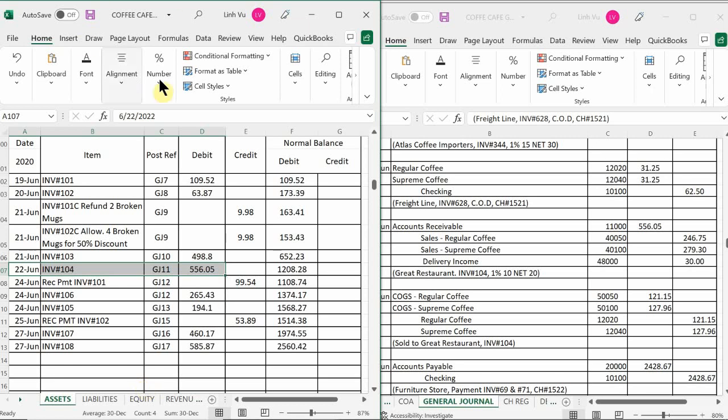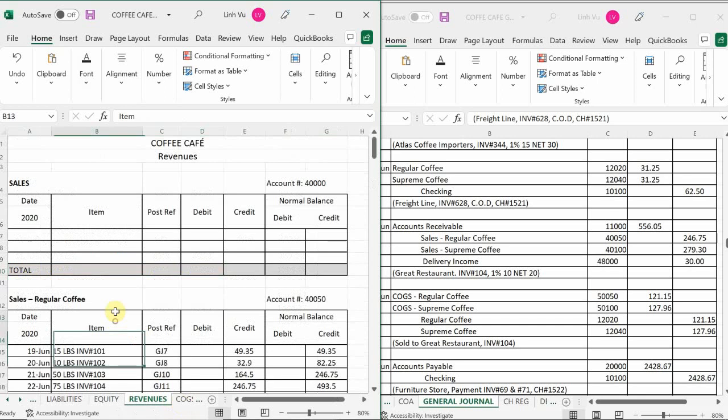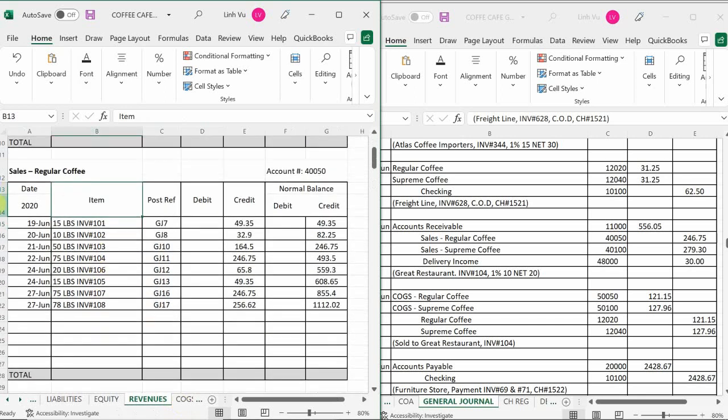Yep, that's in there correct. And then sales, and delivery income. Sales for, let's see, 22nd for 246. Yep.